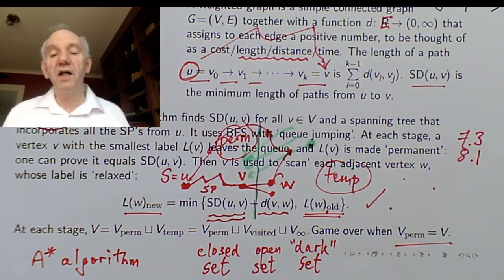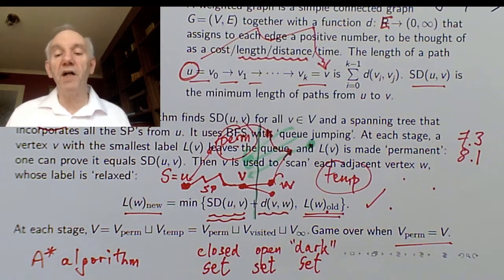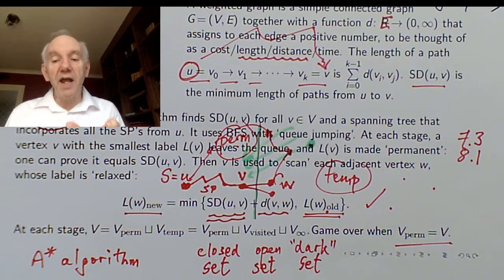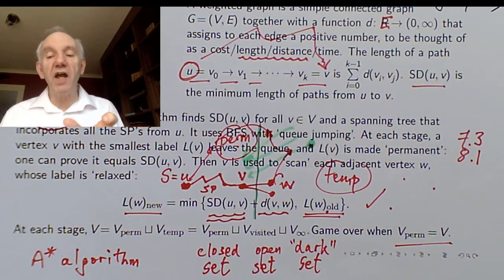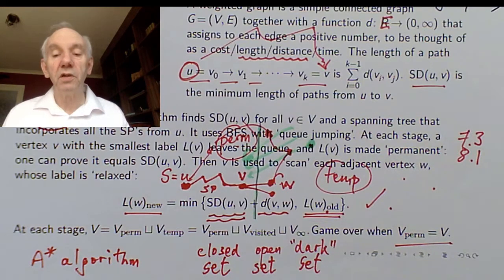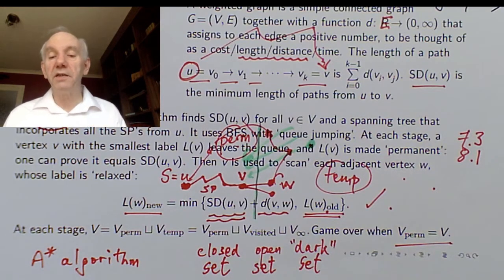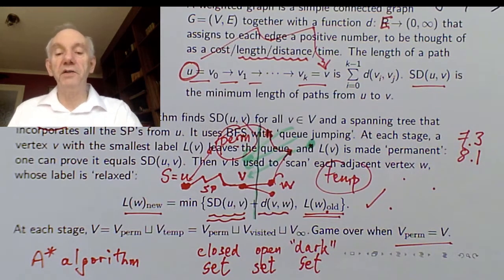You can then find the tree I was talking about by adding the edges which were used to define the permanent vertices. That means you add an edge essentially if the weight of the edge is the same as the difference of the permanent labels, making sure you don't get any cycles. But I'll show you that in an example.